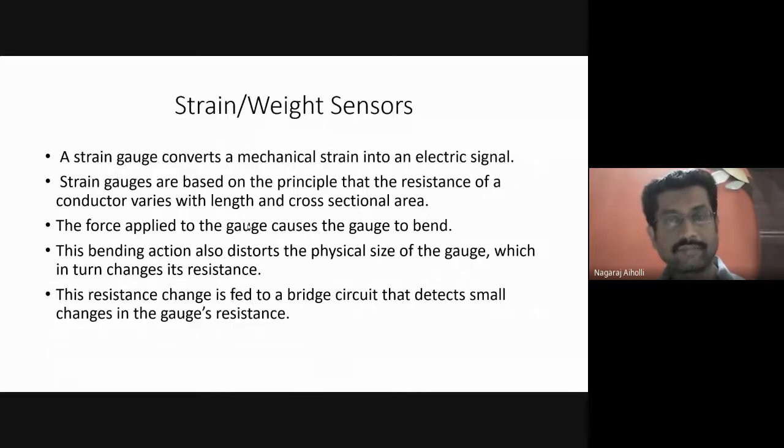But when one of the resistances changes, the output voltage also changes accordingly, and hence this setup is used to measure the output voltage using a voltmeter or any other meter, and then by measuring the voltage, it is indirectly calibrated to measure the resistance, the strain, or the weight of the object.